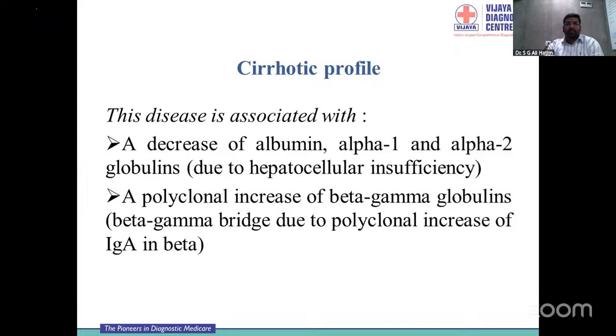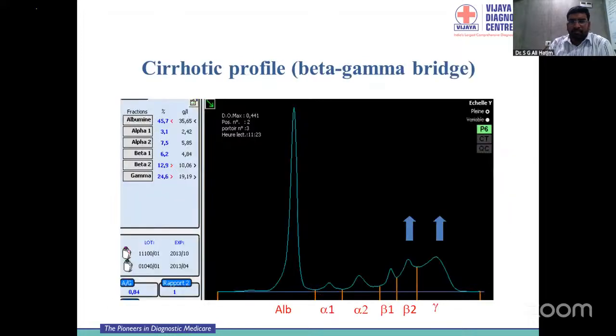Coming to the cirrhotic profile, a liver condition, again there is decrease of albumin and decrease in alpha 1 and alpha 2 globulins. But there is one significant representation here, that is polyclonal increase with beta and gamma bridging. So this is the cirrhotic profile.